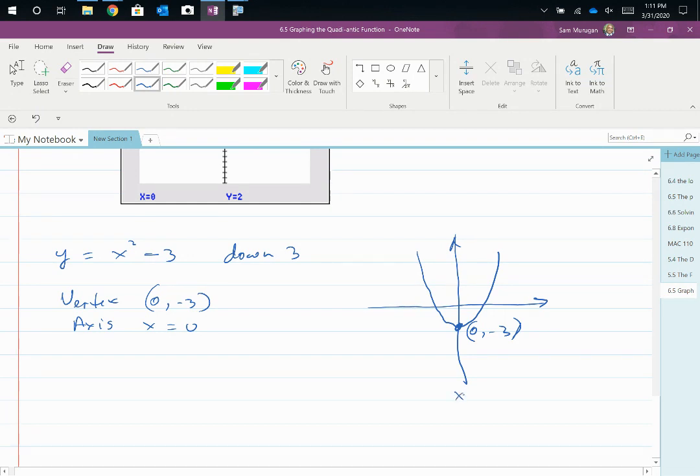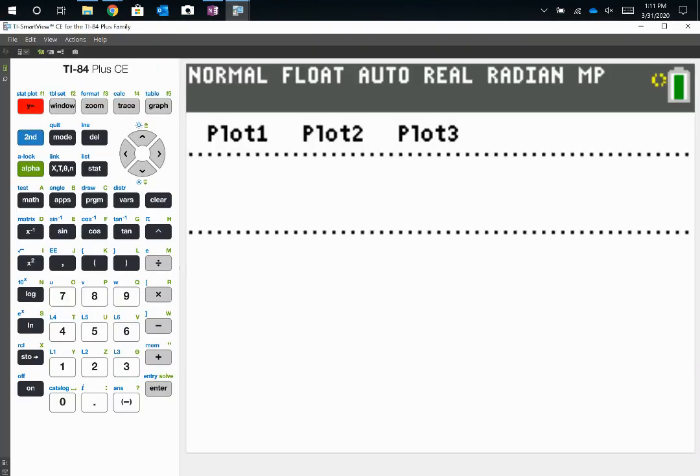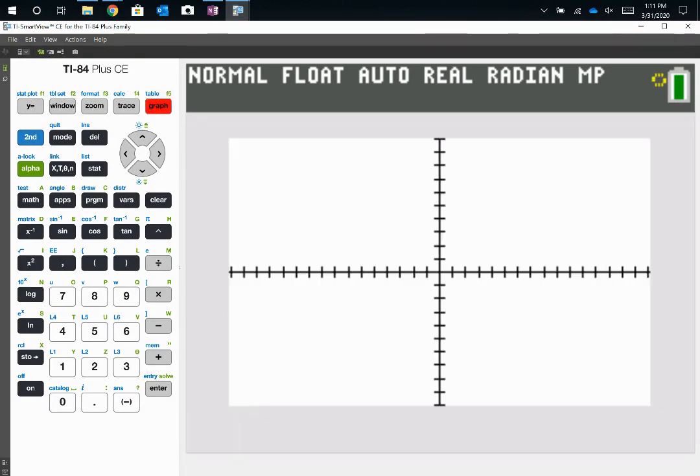But that vertical line going through the middle is still at 0. So if I go back to my calculator and just change it to minus 3 here, and graph it, you can see the entire graph is shifted downwards.